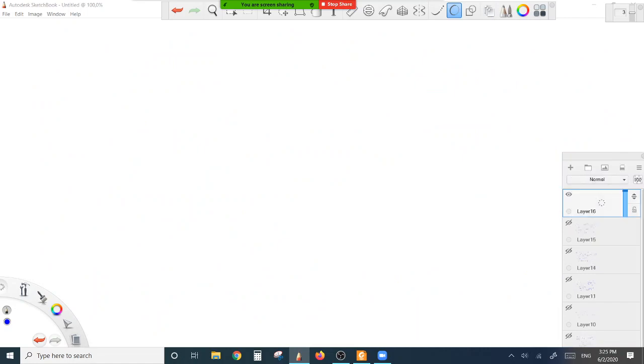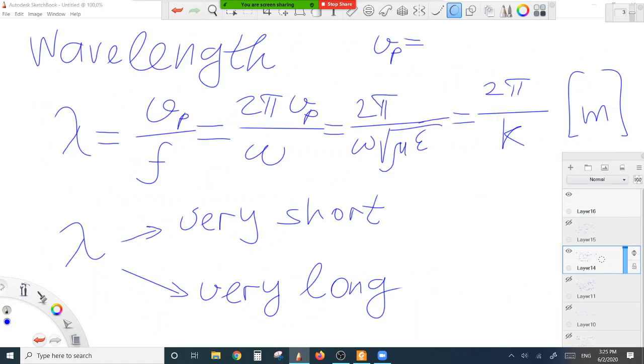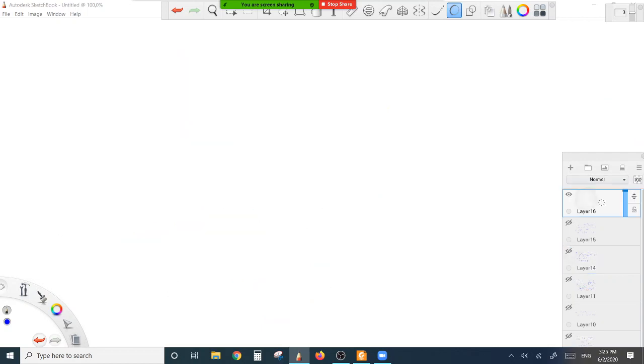Okay, and from the definition of wavelength, we may define K, which is equal to 2 pi over lambda.